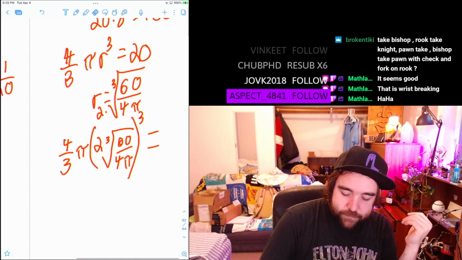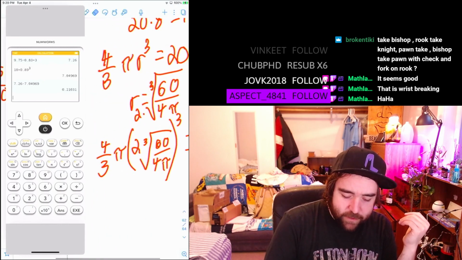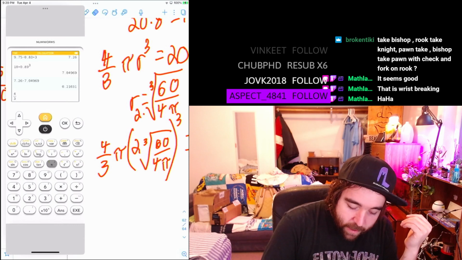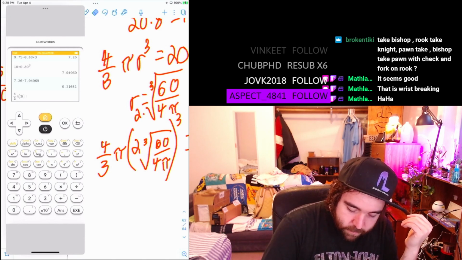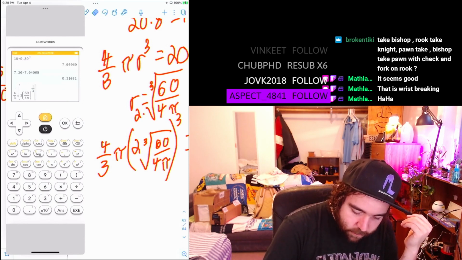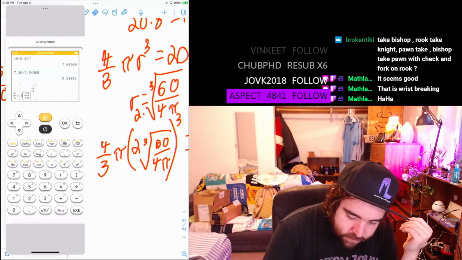So, I mean, we could type this in just for funsies. 4/3 pi times 2, times 60 over 4 pi raised to the 1/3, because that'll do the cube root, and then all of that cubed.